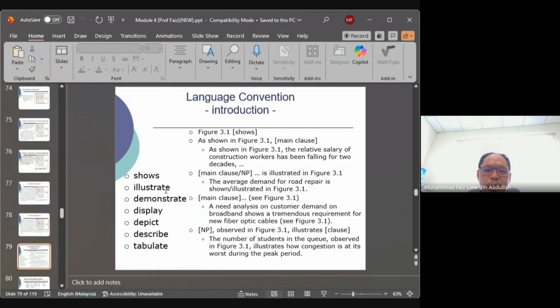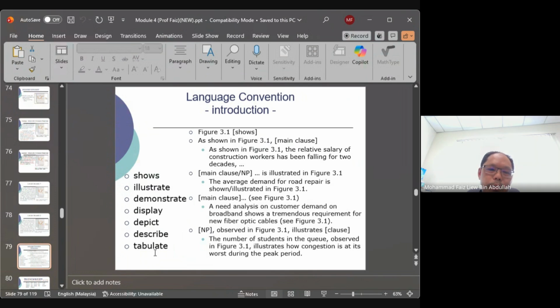When you want to highlight your data, your figures or your tables: shows, illustrates, the figure demonstrates, or the software equation demonstrates how to coordinate this output result, or the table displays.